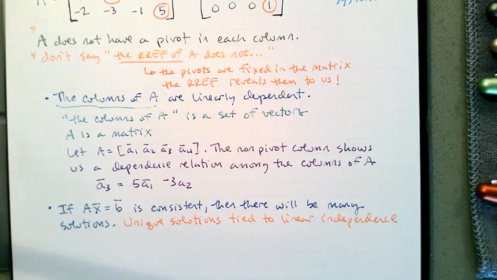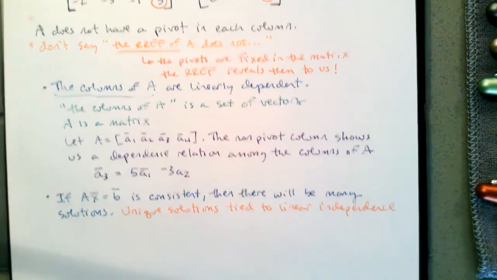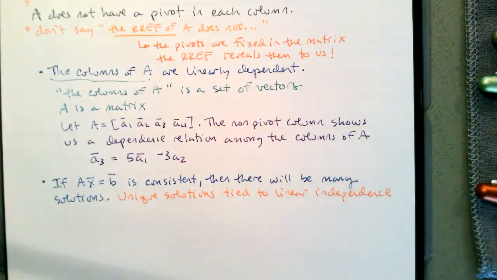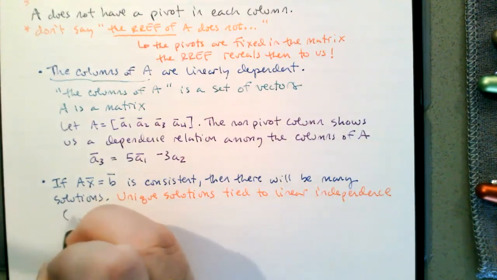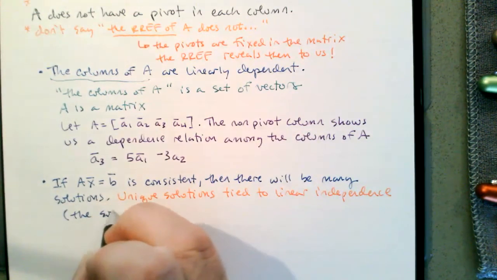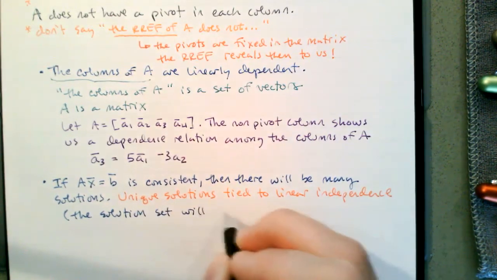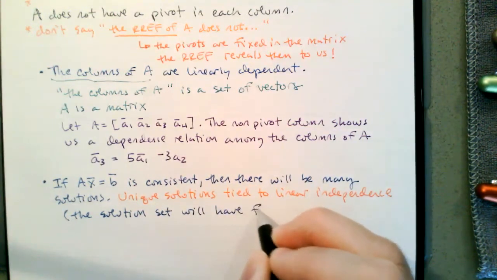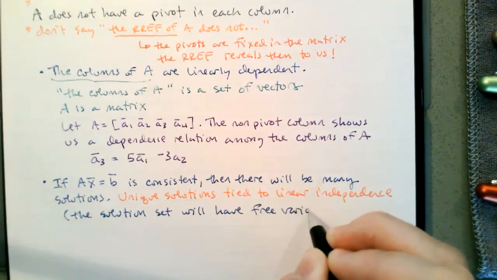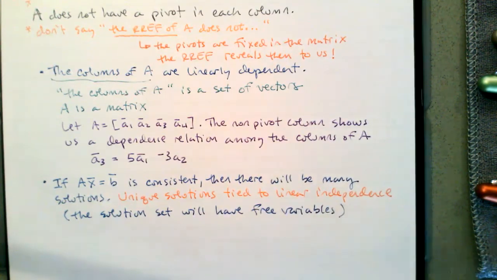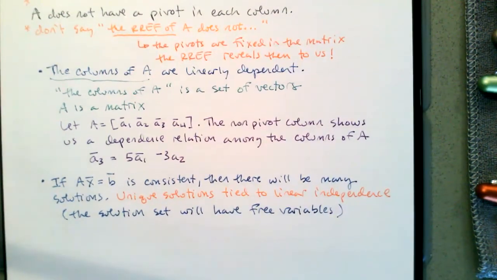So what that means is that since we have non-pivot columns in the matrix A, then the solution set will have free variables. I guess the variables were free to begin with, but we should only start invoking things like free variables if we're talking about an equation.